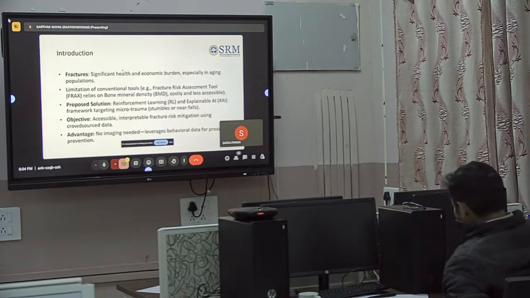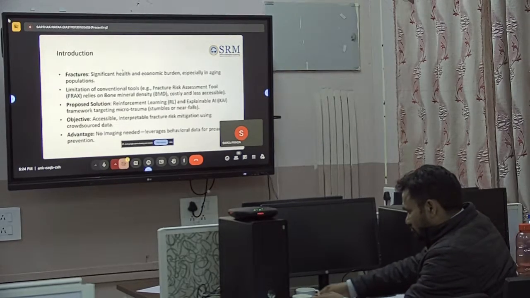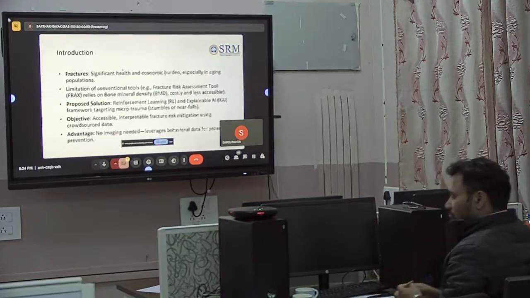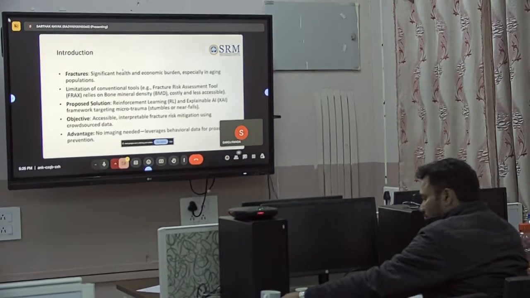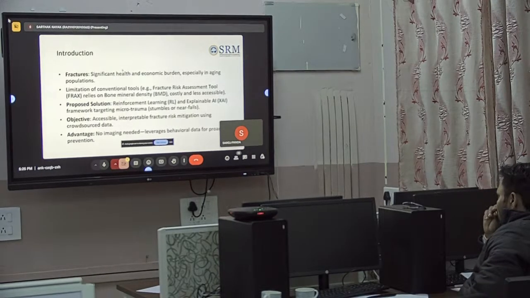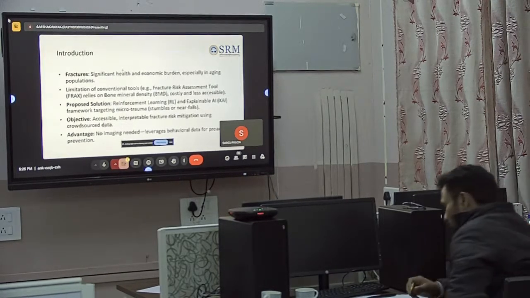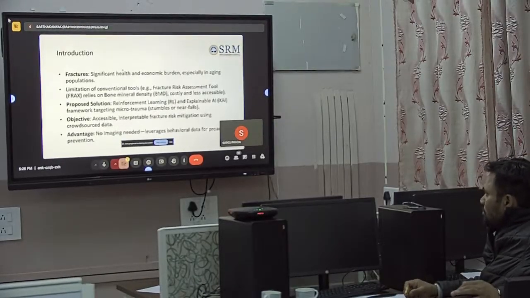The solution we propose here is reinforcement learning and explainable AI, combining both to target a parameter called microtrauma. Basically, these are stumbles or near falls, which imply poor strength and balance.